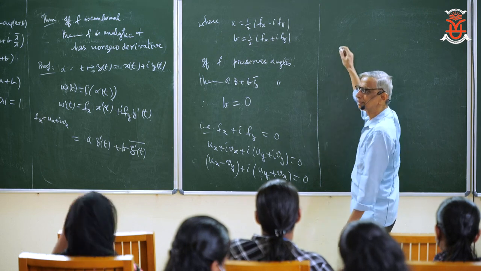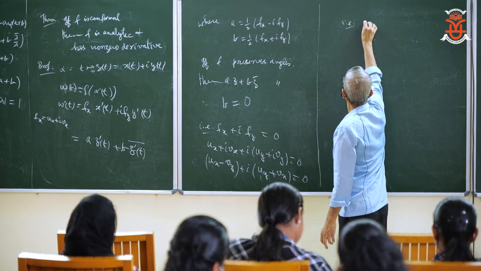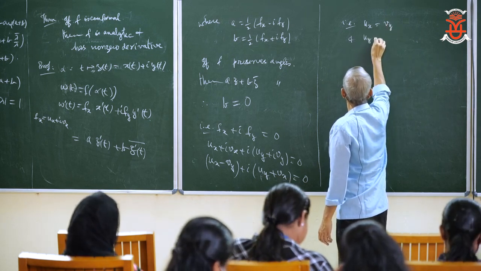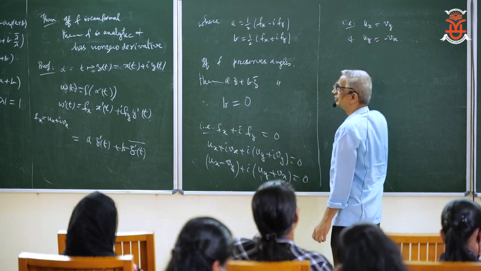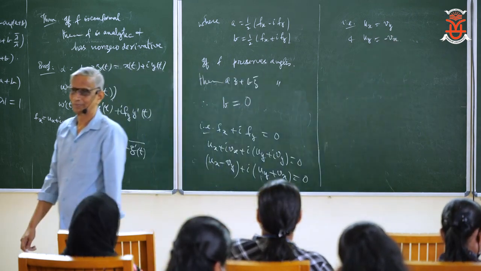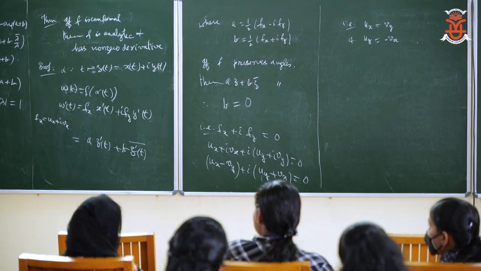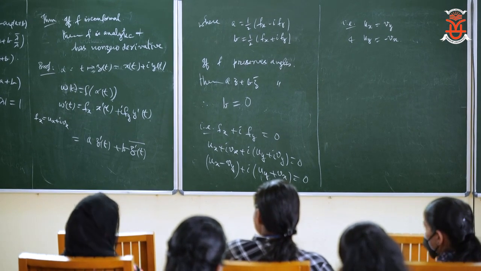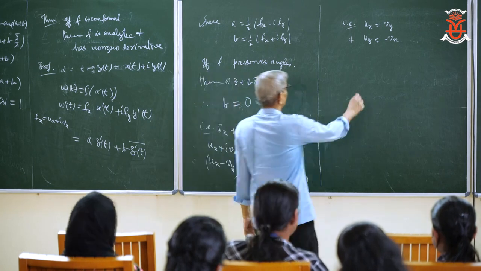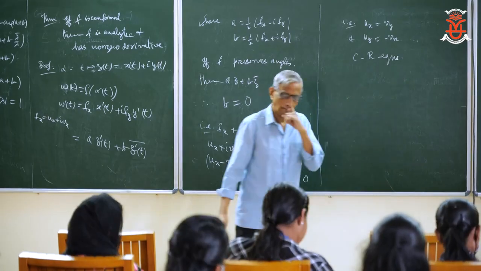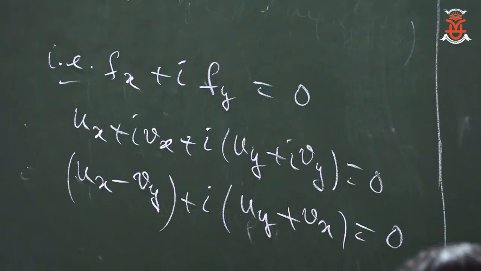So this means, lo and behold, these are the Cauchy-Riemann equations. So in other words, if f is conformal, u and v must satisfy the Cauchy-Riemann equations.